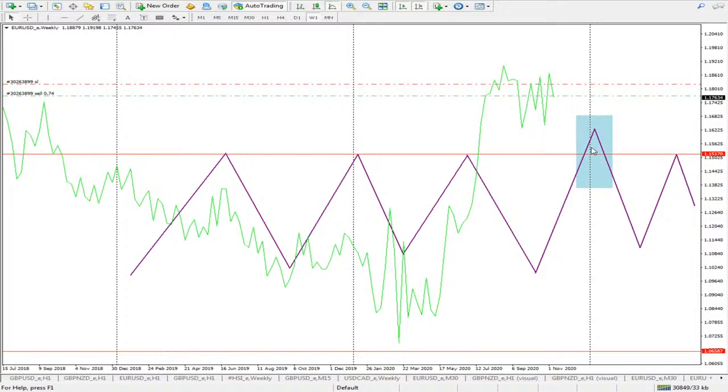So the best time to trade something like this is not when the price has gone back below immediately, but wait for the price to go below, come back to the same place, then get sustained. That is, the price must not be able to close above the second time it comes up again. So this is what we know as the false breakout.